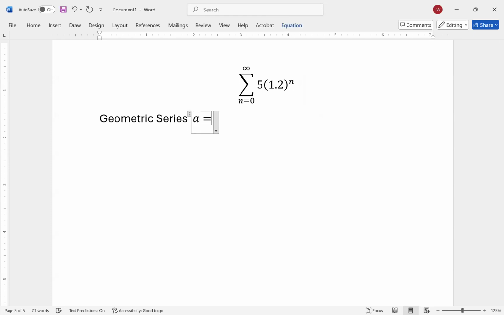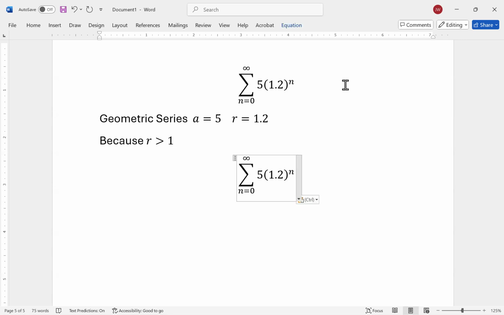Now the a here is 5. The r is 1.2. That's really all we need to know. Therefore, because this r is bigger than 1, the series, the infinite series, diverges.